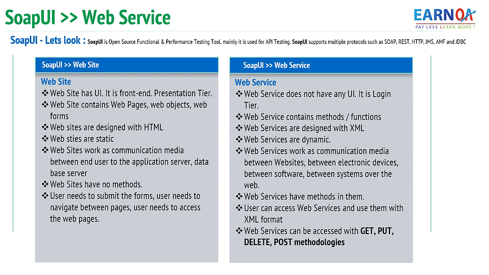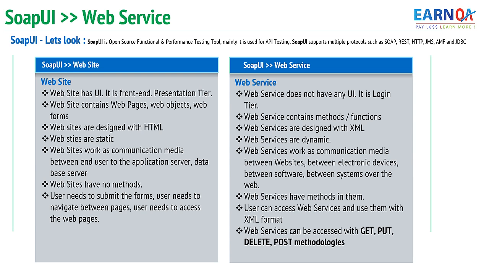Websites are designed with HTML pages, hypertext markup language, whereas web services are designed, implemented, or accessed with XML, extensible markup language. All the data carried between applications through web services is in the form of XML. Websites are static, all the pages are static, whereas web services are dynamic.